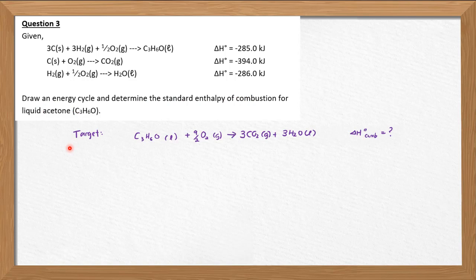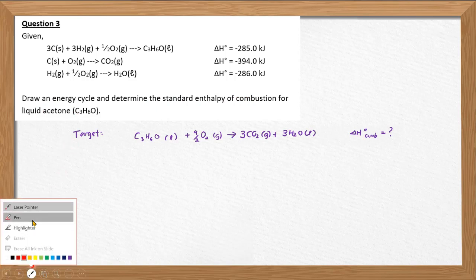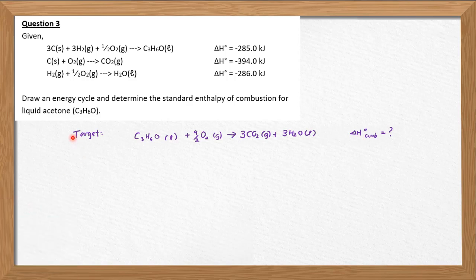liquid acetone. You can see that this is similar to question number 1, in which you use the formula. In this case, we want to see, using the same question, how you are going to solve it using an energy cycle. Again, the target is the standard enthalpy of combustion.